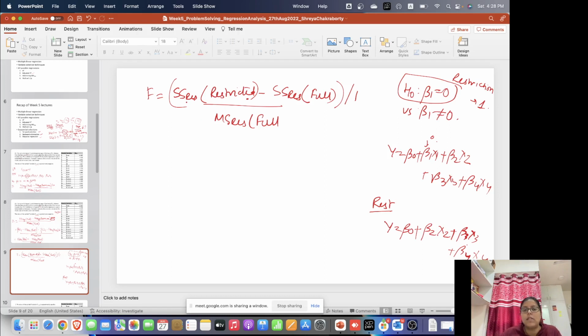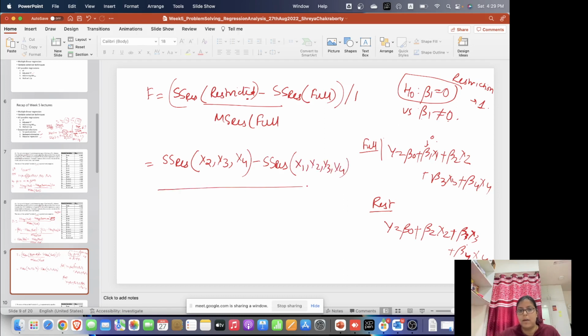So the sum of squares due to residuals from the restricted model is that from the model containing x2, x3 and x4. When beta 1 is not equal to 0, this is the full model, so this will be the sum of squares due to residuals when all 4 variables are present. The mean square residual will be the sum of squares due to residuals when all 4 variables are present, divided by the degrees of freedom of this full model.